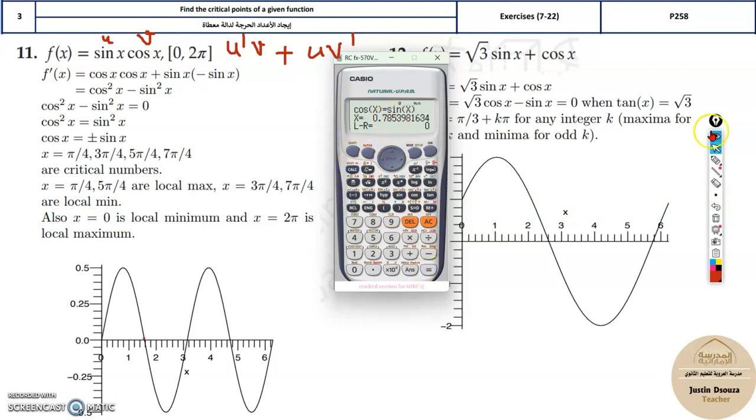That is 0.785. Now what is this equal to? You might have remembered 1.57 is pi by 2, 0.78 is pi by 4. So all I need to do is pi by 4, 0.785.